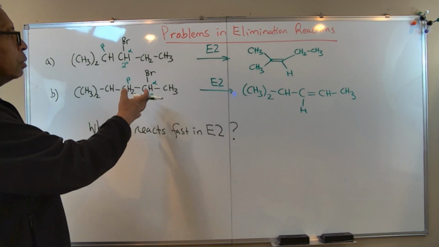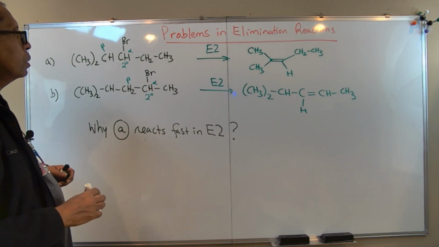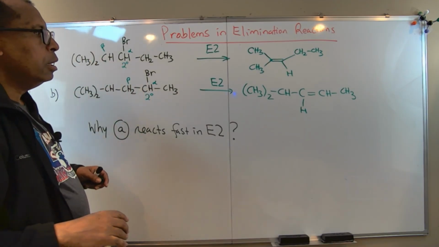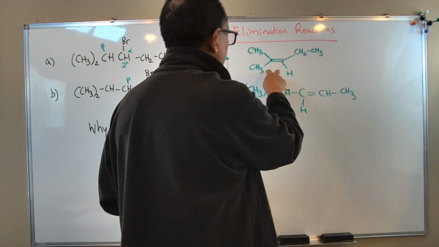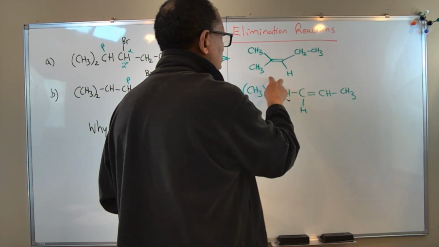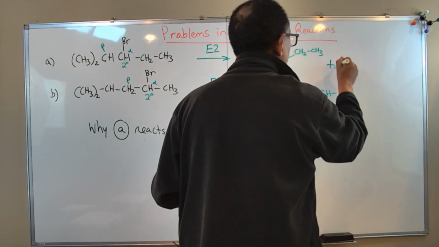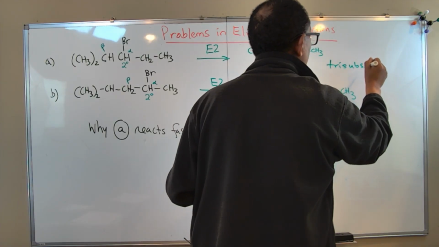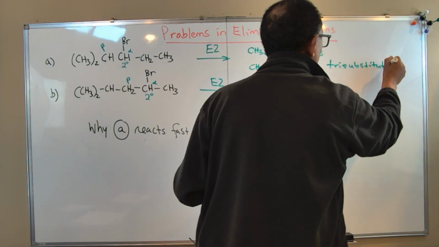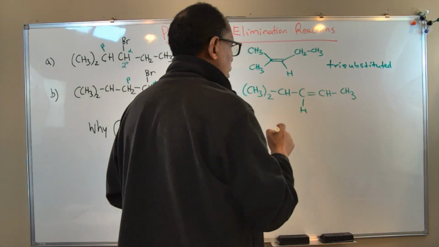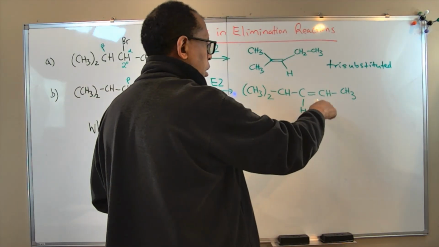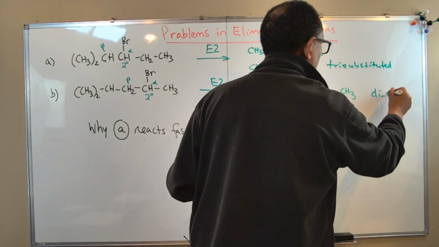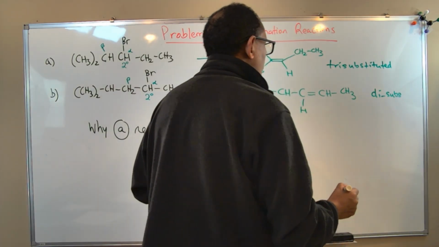If you look at this in the way I have them, you would have here a tri-substituted alkene. Here you have just a di-substituted alkene.